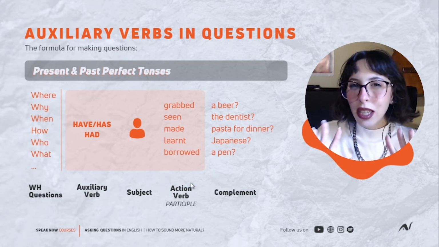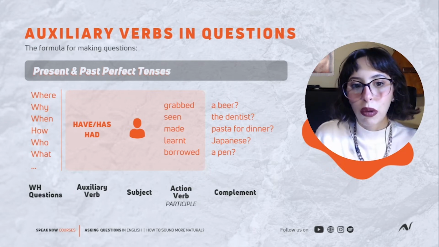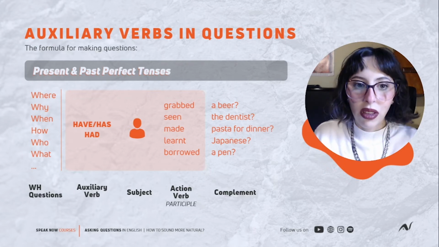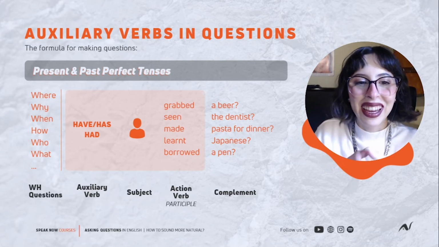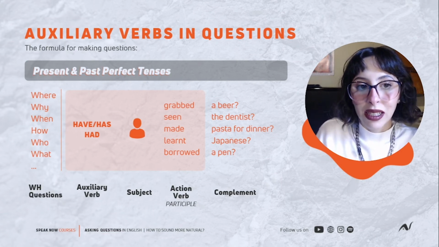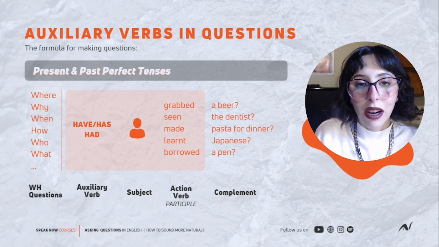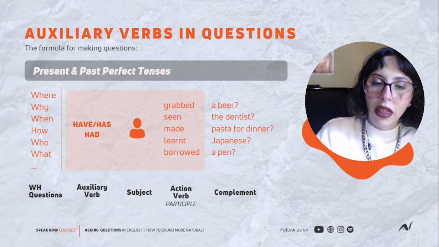If you're not yet familiar with this, don't worry. We're not going to go so much into the perfect tenses, but it's just for you to know that this exists, and the auxiliary verbs of present and past perfect tenses are disposed in the same way in questions, always before the subject.